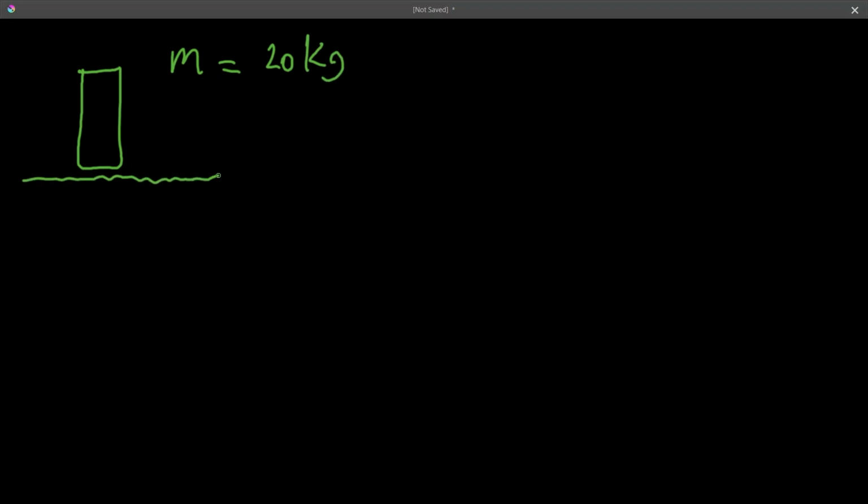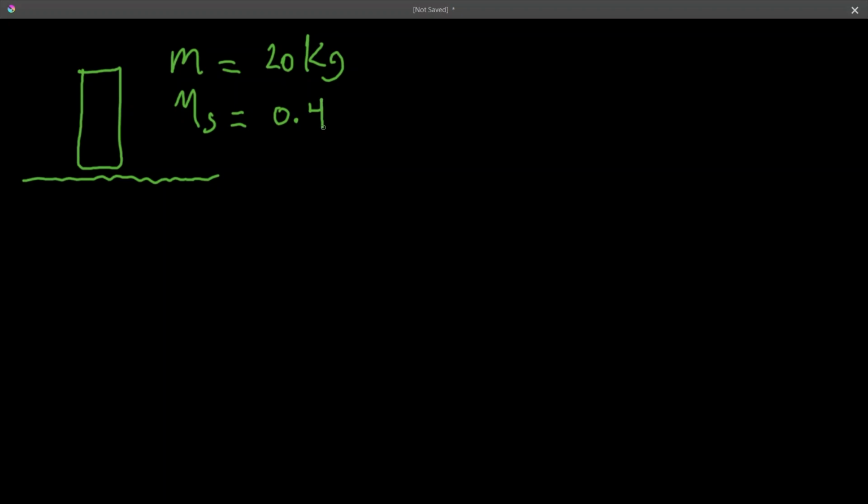Right? Let's say I have an object right here, and the mass of this object is equal to 20 kilograms. And I tell you that this object is on a surface of roughness. I give you mu s is equal to 0.4, right?